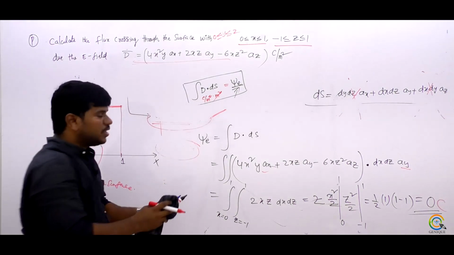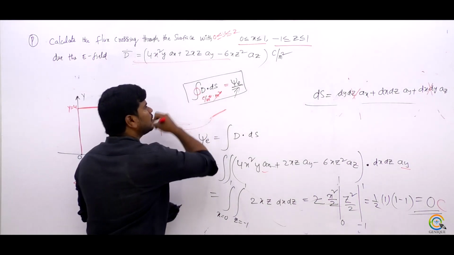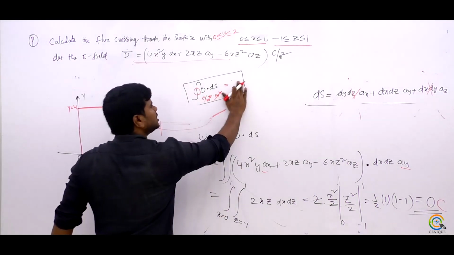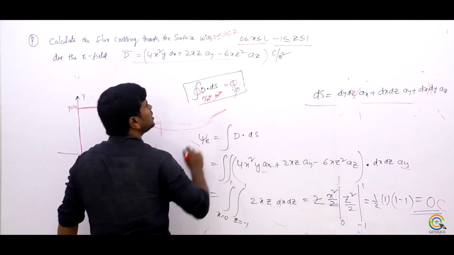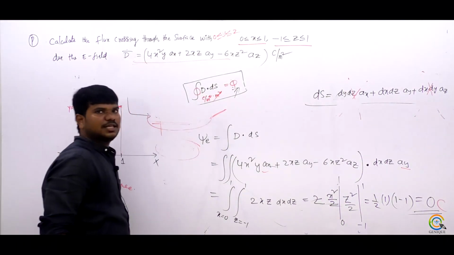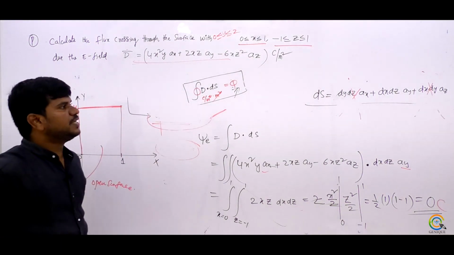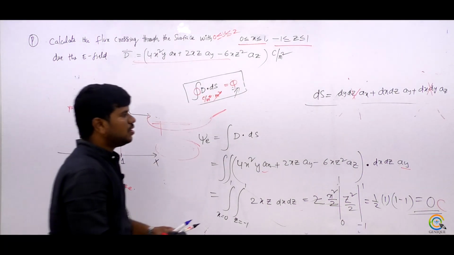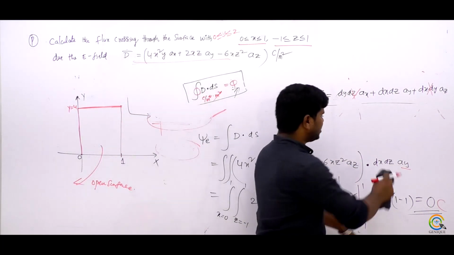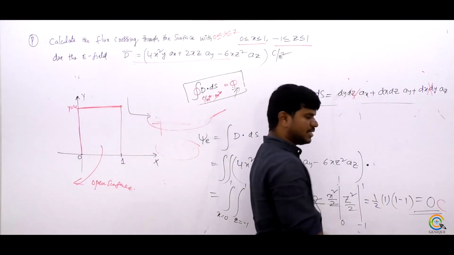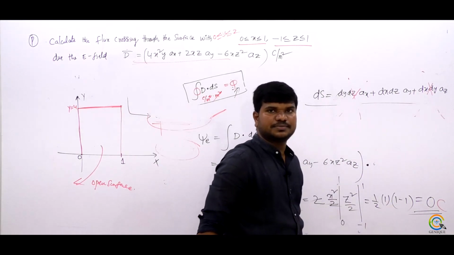Now the entire expression will become closed integral D dot dS equals Q, because all are bounded between specific bounds. Instead of writing this, you have to write the entire dS, then you will get some answer.